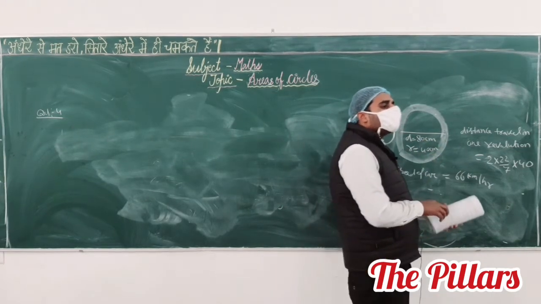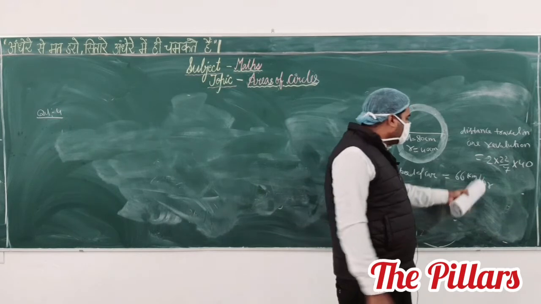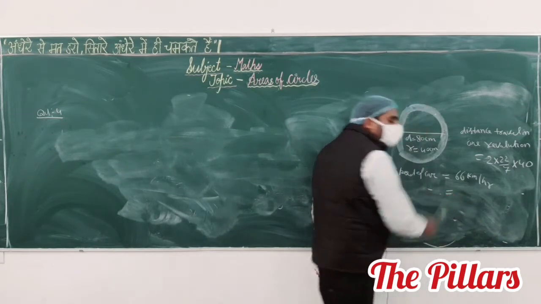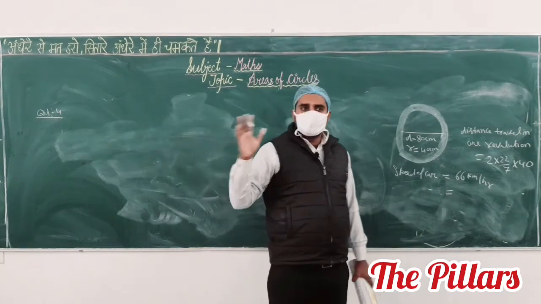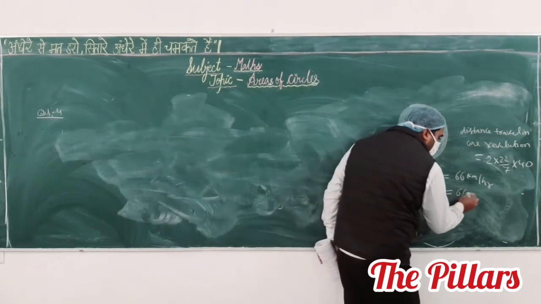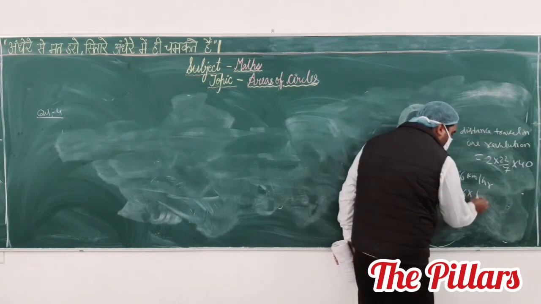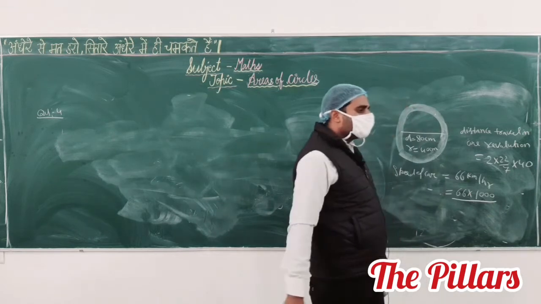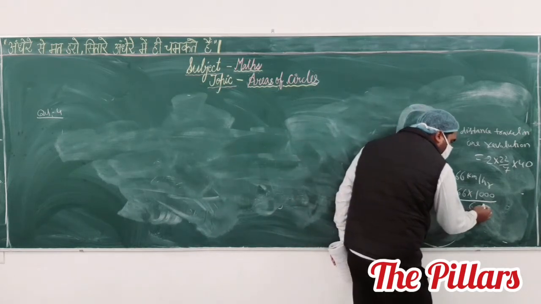If you want, convert to kilometer per minute, otherwise convert to meter. Since the measurements are in centimeters, we have to convert this to meter per minute. So 66 multiplied by 1000 divided by 60. Till here, does anyone have any problem?